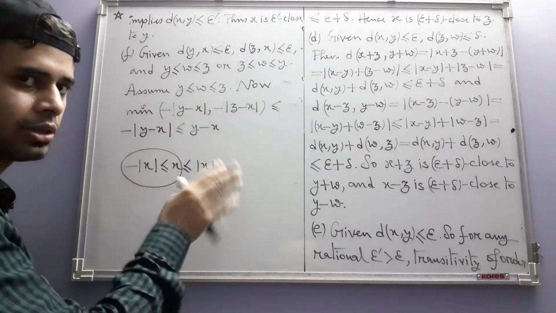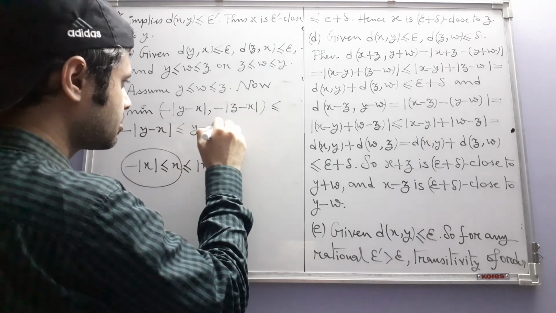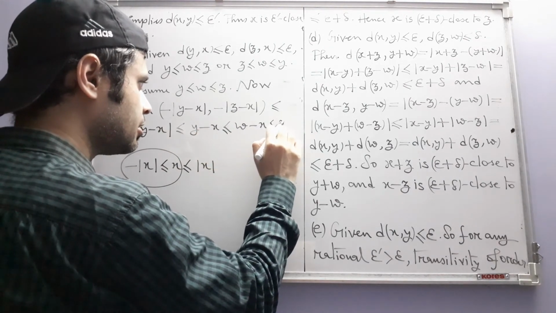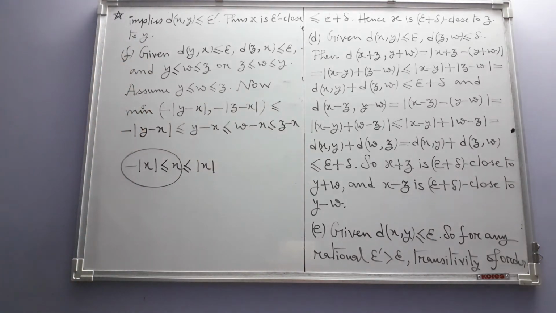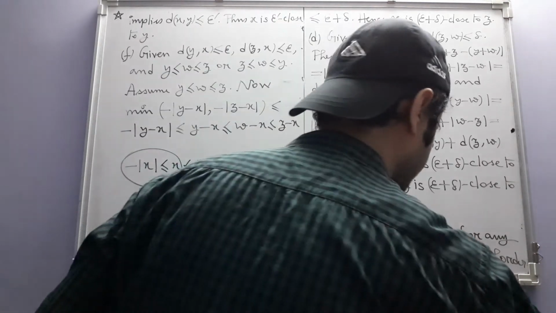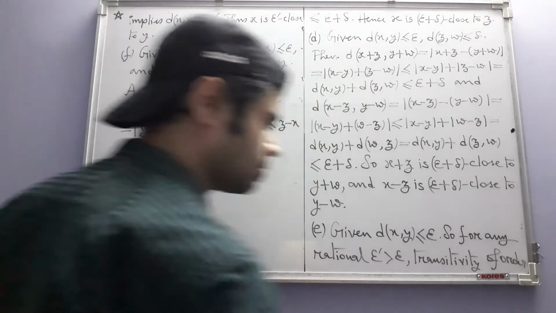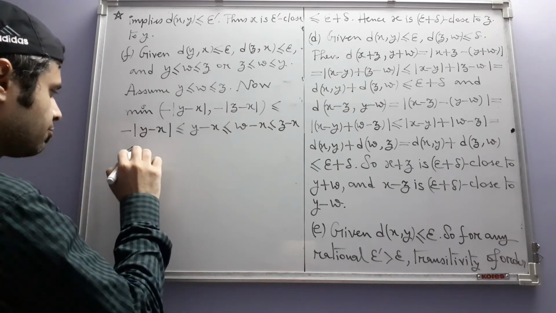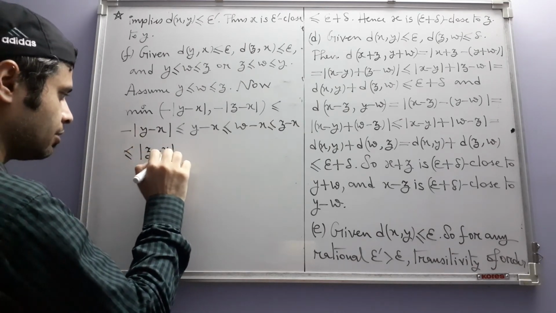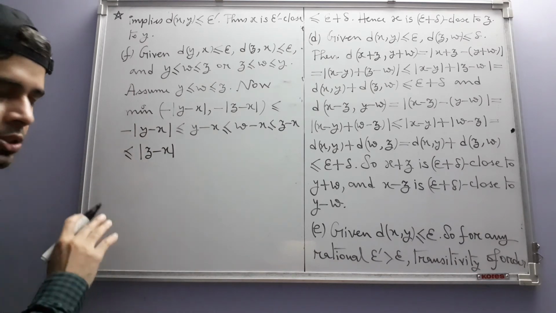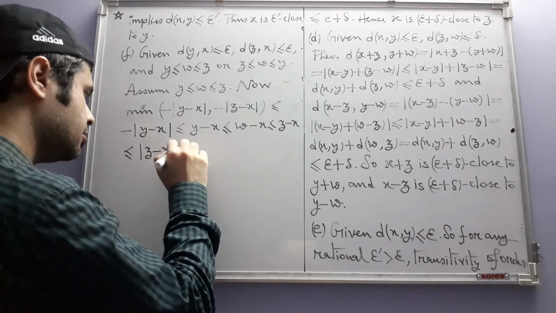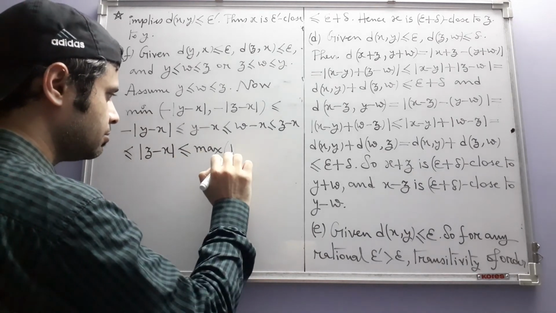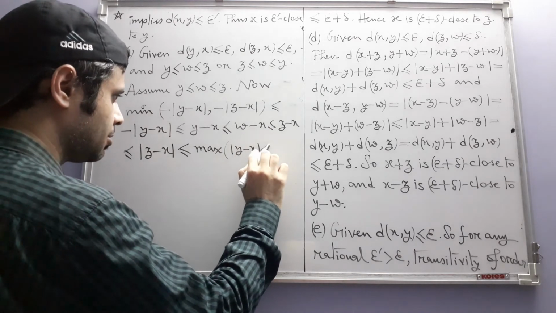Okay. Now you look at the inequalities we have assumed here. Subtracting x from all the terms, we get y minus x less than or equal to w minus x less than or equal to z minus x. And z minus x is itself less than or equal to its absolute value. Again we are using part C of Proposition 433, and this in turn is less than or equal to the maximum of these two things.